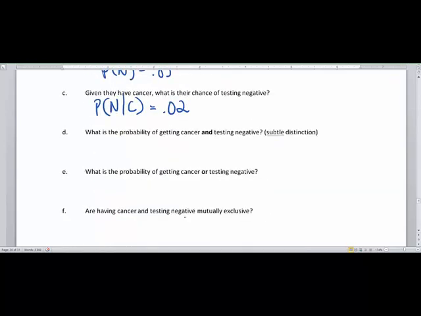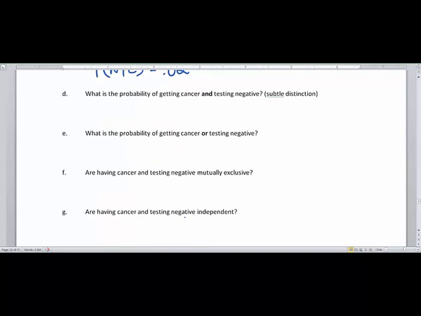So, what is the probability of getting cancer and testing negative? Now, there's a subtle distinction here.